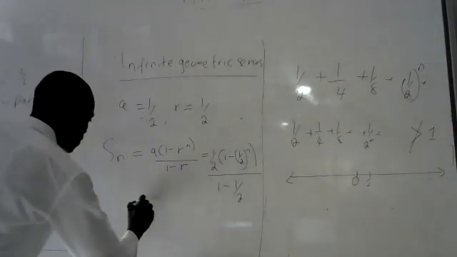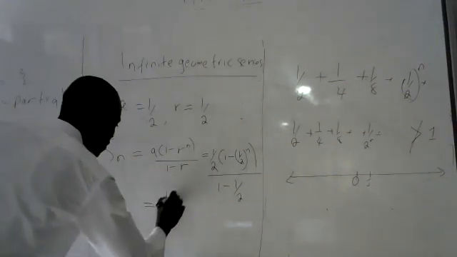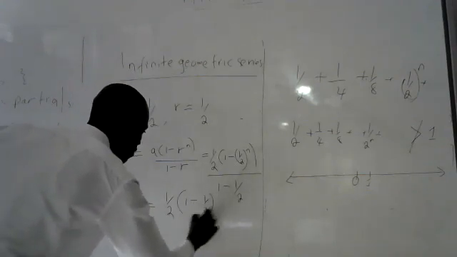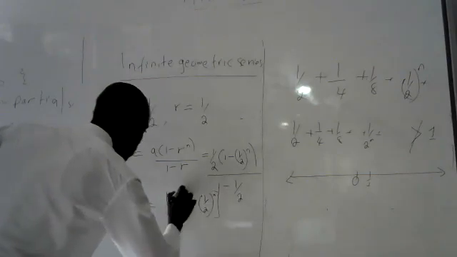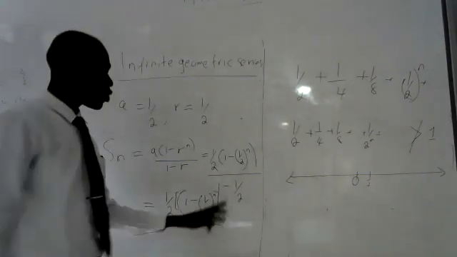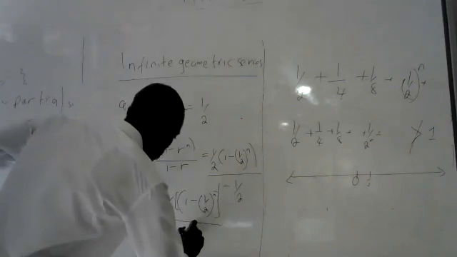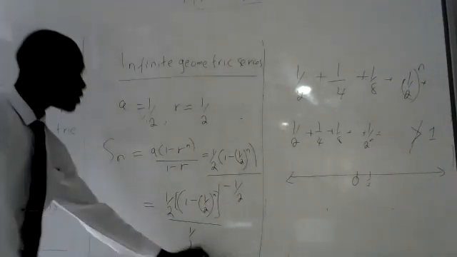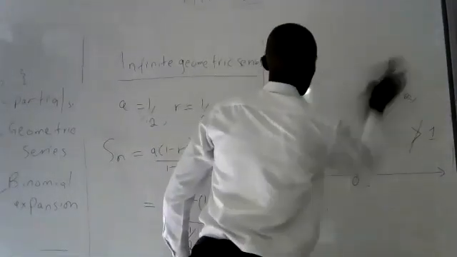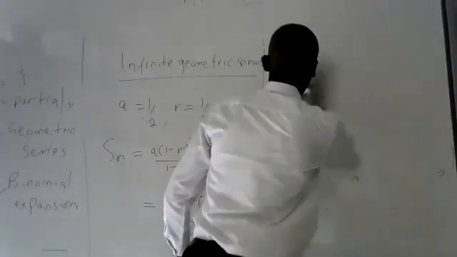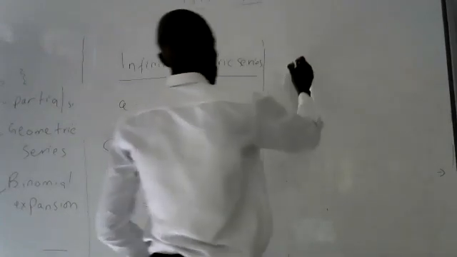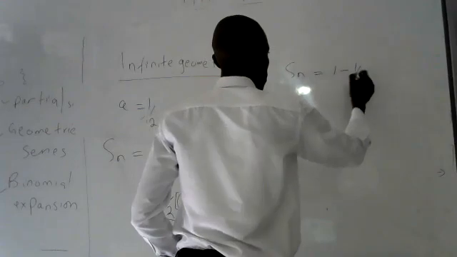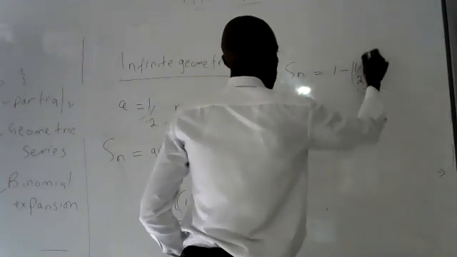Let's see what this gives. In the numerator, outside you have a half, inside we have 1 minus a half raised to n. Then in the denominator, 1 minus half is simply a half. This half cancels this half, so you end up with Sn being 1 minus a half raised to n.